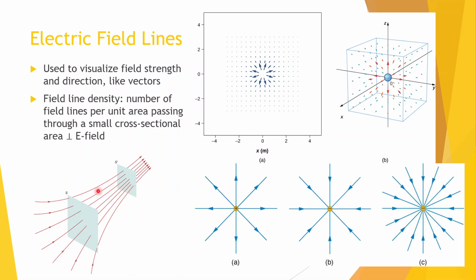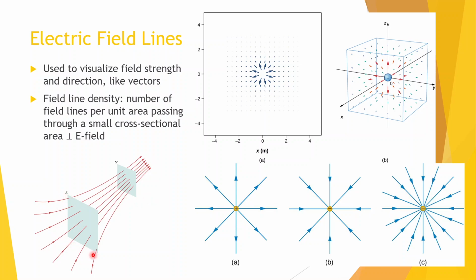All right, we can also talk about field line density, which is going to be the number of field lines per unit area that passes through a small cross-sectional area that's perpendicular to the electric field. So in this instance, we have some amount crossing through this cross-sectional area, right? At another point, we may have more or less, depending on what's going on with the electric field.